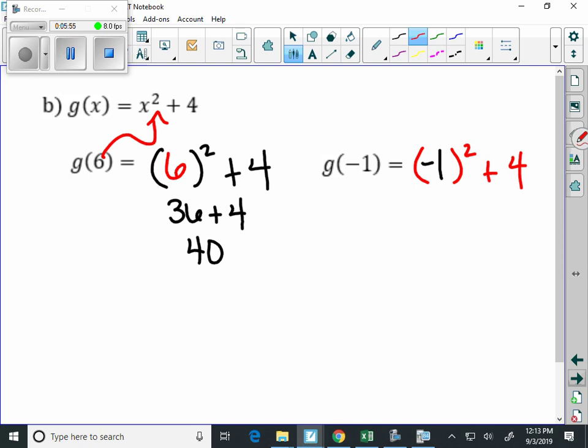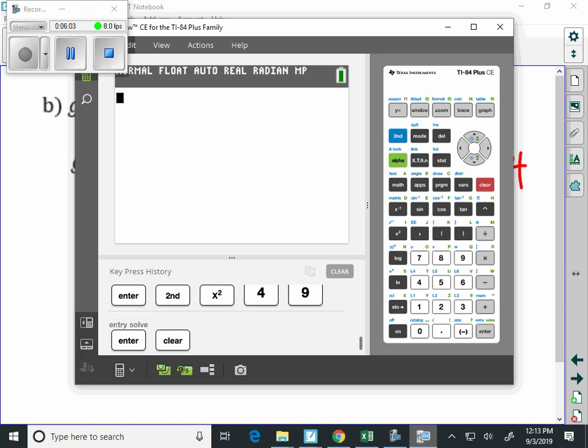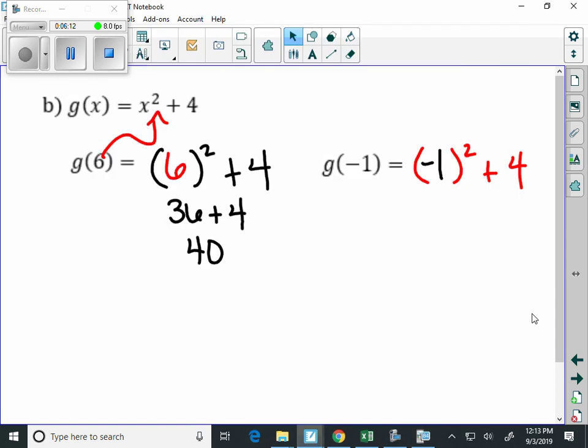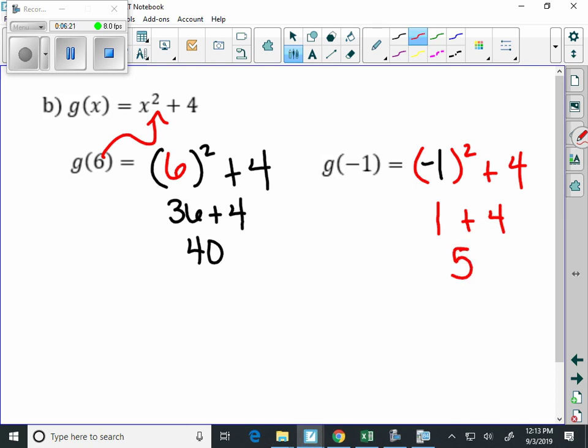And I am going to use my calculator on this one. I just want to remind you that when you type in a squared value, you're really better off if you have parentheses. -1 squared, which is 1. And you could have done the plus 4, but watch out. It's 1 plus 4 equals 5. Watch out with that negative being squared. The parentheses is really important.